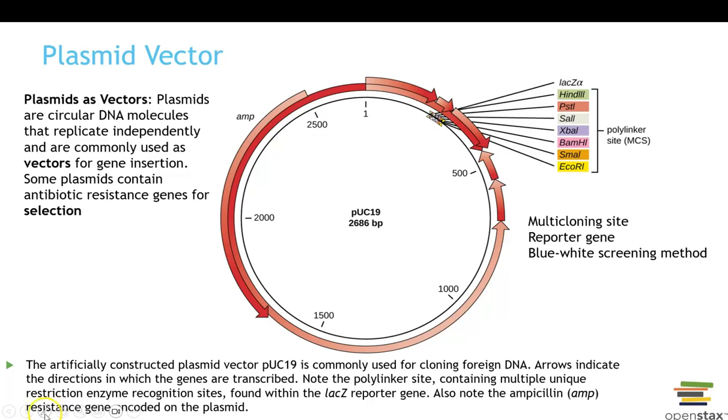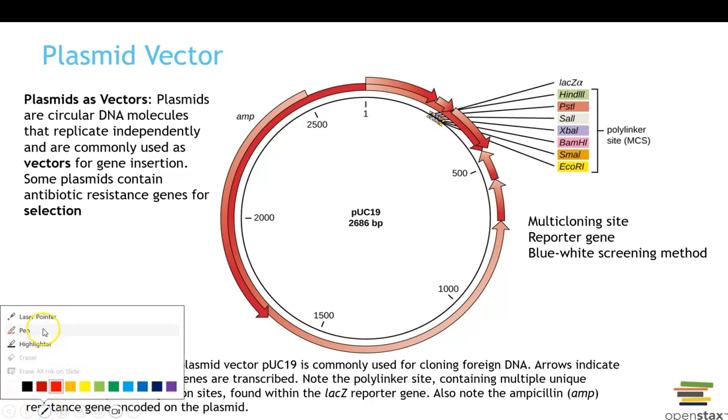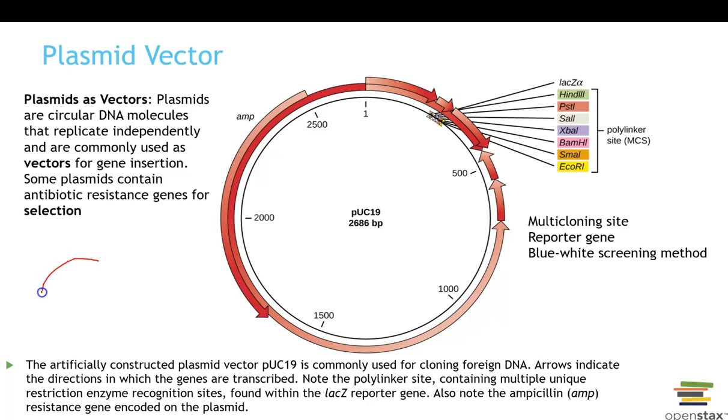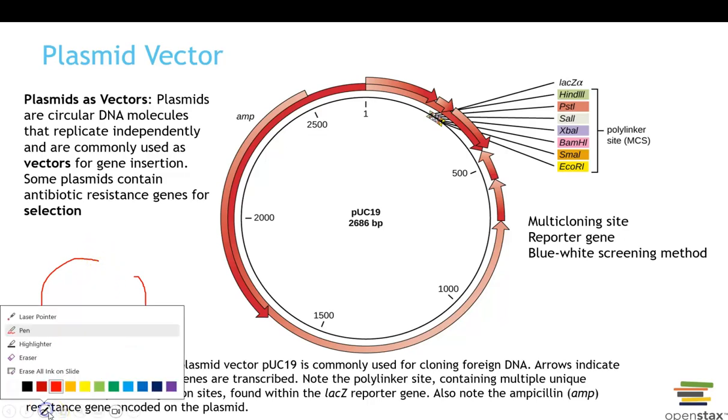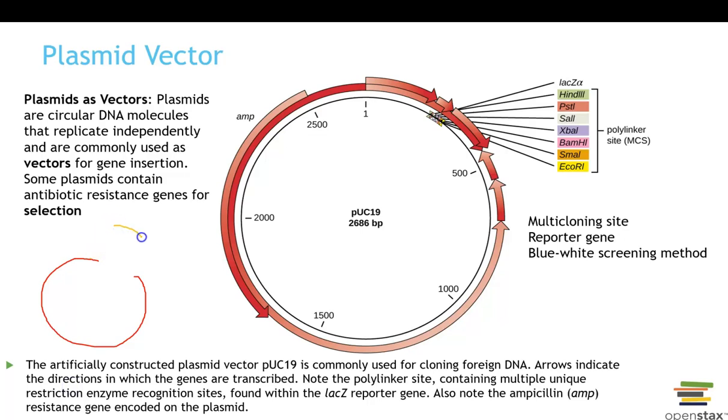So let me show you in a simple drawing. Imagine this is our plasmid, and now we want to insert the gene of interest, which is like an insulin gene. So this is a fragment that can make the insulin hormone for us. Imagine they cut this plasmid with the EcoRI restriction enzyme, and then they cut this gene in our human DNA with the same enzyme.